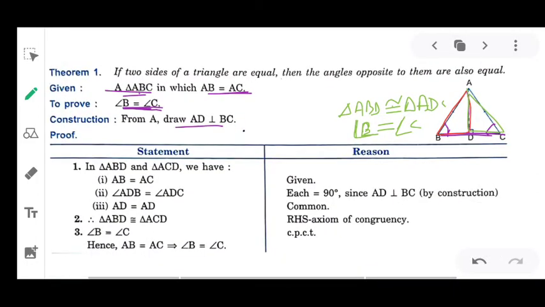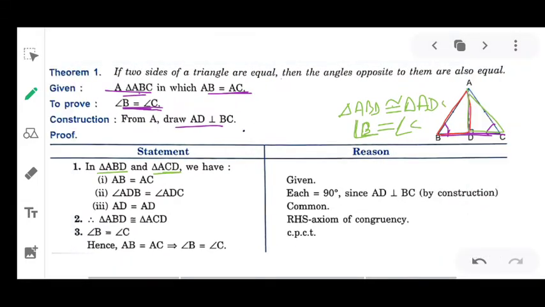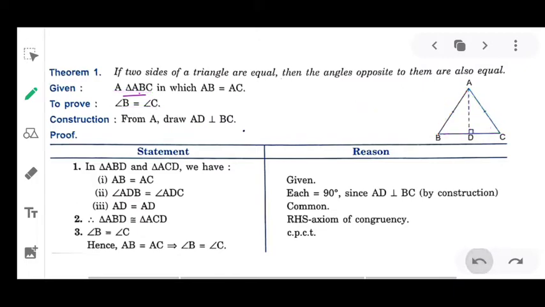Now coming to the proof, in triangle ABD and triangle ACD, in these two triangles, we have AB equals AC, that is given.